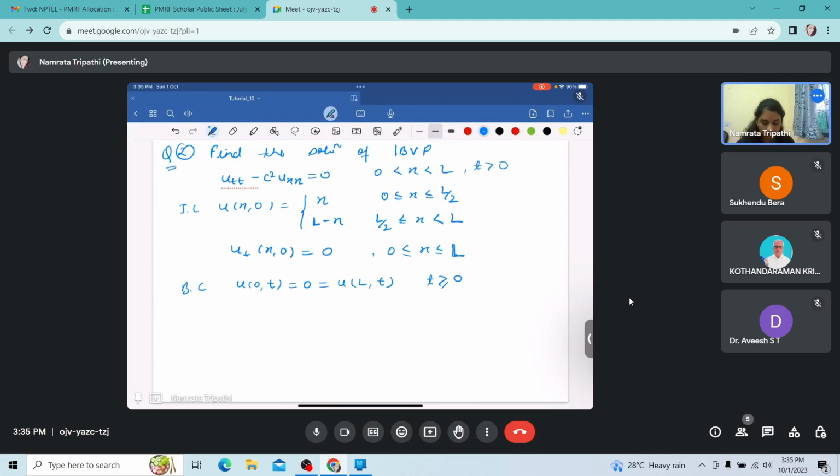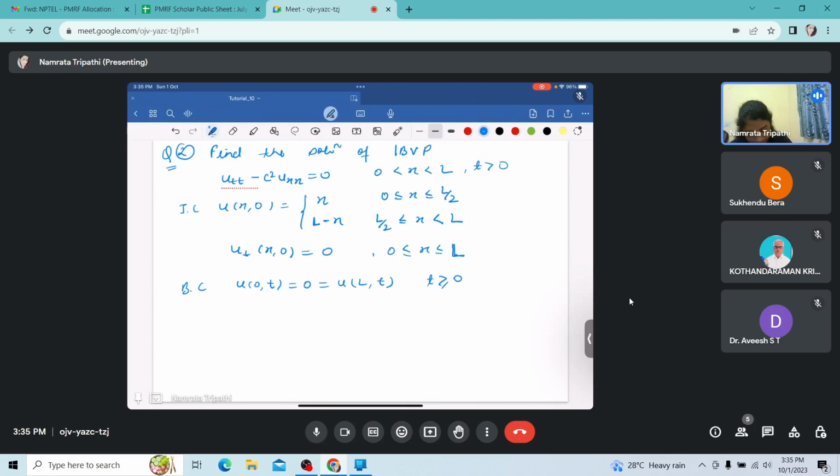so the question is similar to question number 1, but the change is in the initial condition. Here the initial condition is provided in two parts. When x is from 0 to L by 2, the initial condition u of x comma 0 is x, and when x is from L by 2 to L, the initial condition is L minus x.